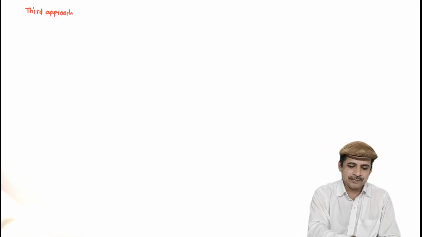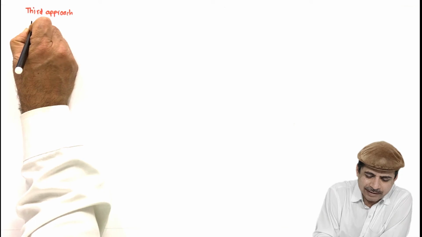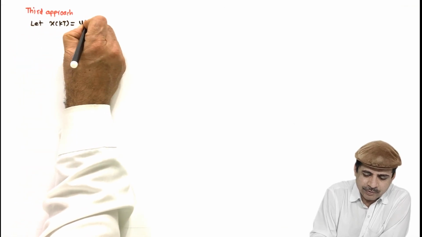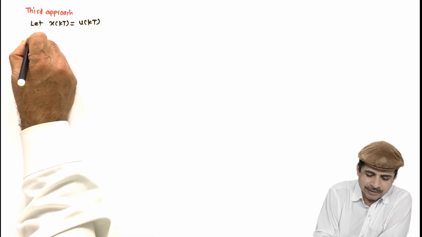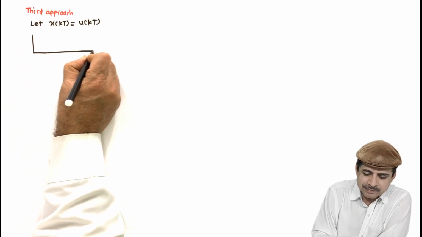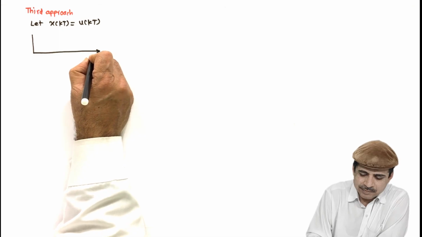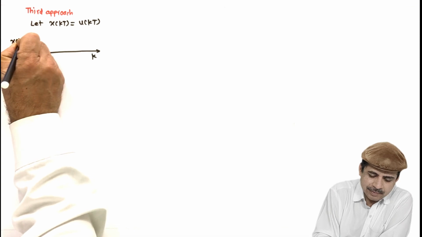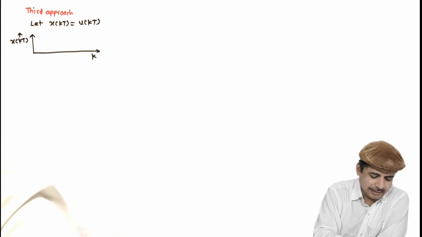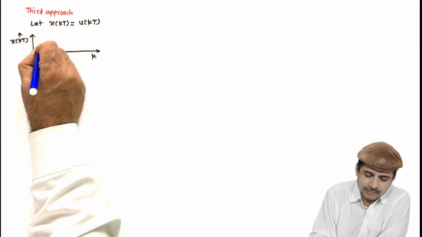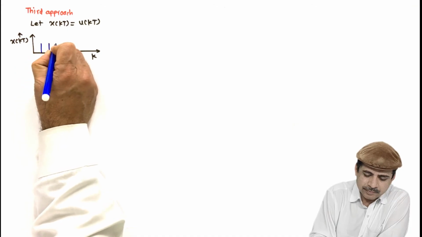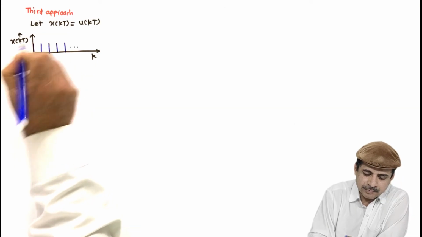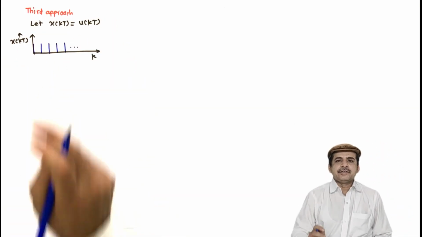We will do that. I will consider input x of kt equal to u of kt, and that can be sketched as x of kt against k, because u of kt is the unit step.